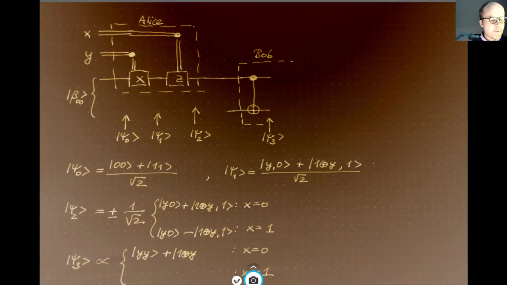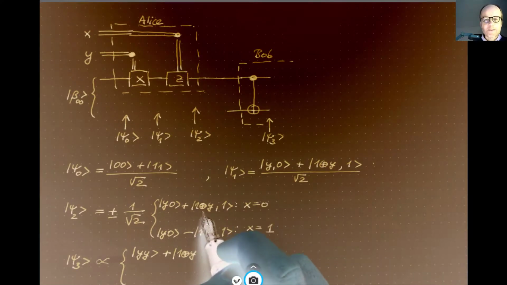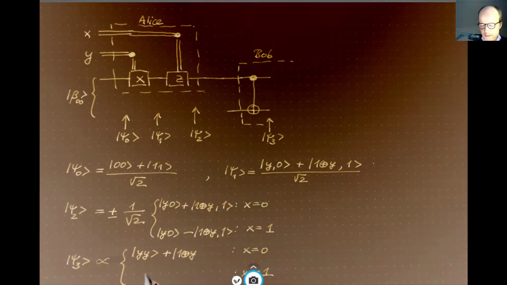Now in the next step, 1 plus y: that's the basis state of the control qubit, y, and 1 is the target qubit. And remember when we discussed early on the CNOT gate, one way of writing the action on basis states was to say the basis state of the control qubit always stays the same, and the target basis state t becomes t plus c mod 2.